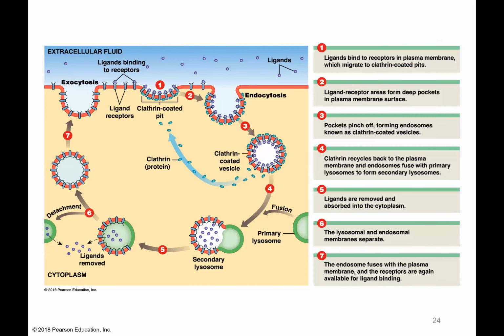This is just showing more detail of receptor-mediated endocytosis, where you have these little receptors for these molecules that bind to it, causes what's called a coated pit. It folds in on itself and forms a vesicle.